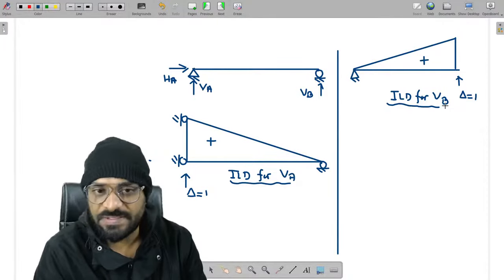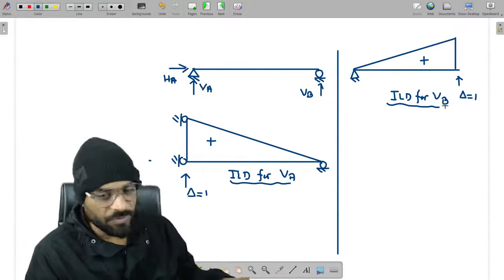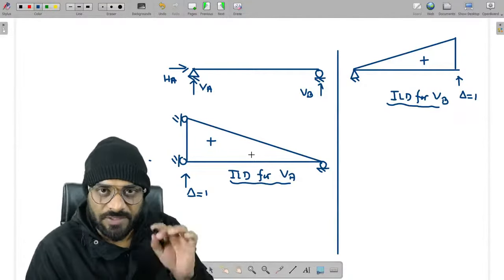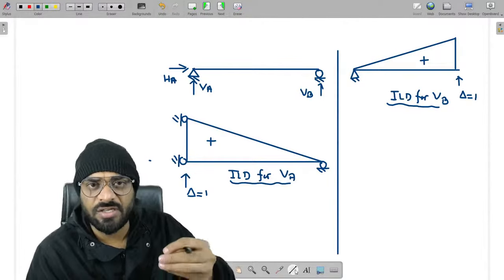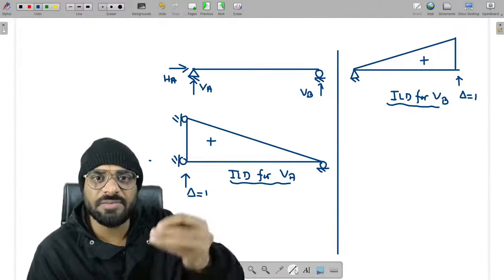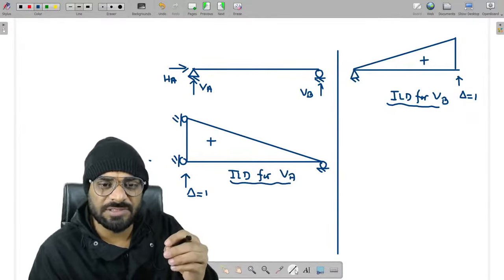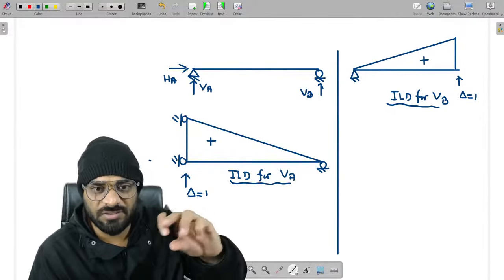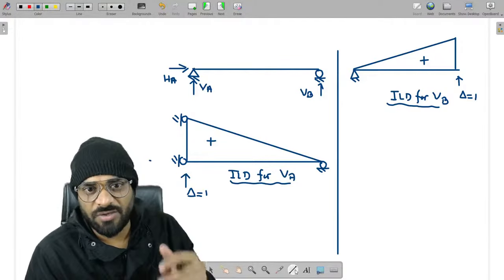Significance. What is the significance? Okay. So let us suppose this is the ILD for VA. Now actually, what is the meaning of this particular shape, and what is the value of the ordinate over here, guys, which we are trying to represent? Let me explain.